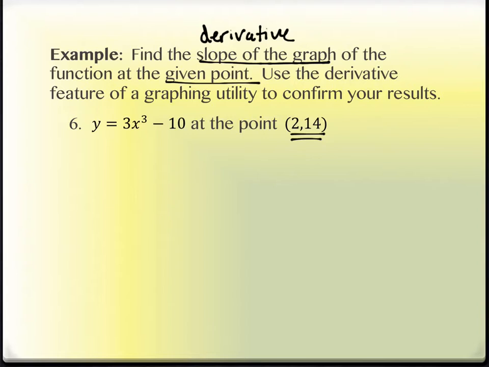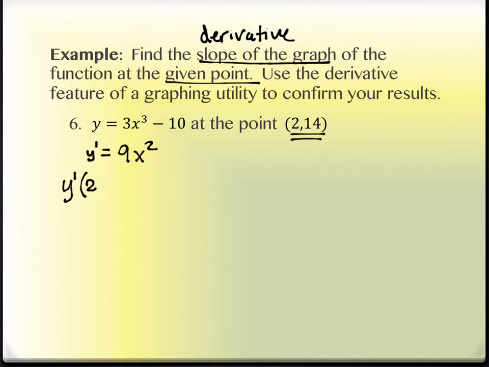So the first part of the problem is just one step beyond what we've been doing today so far. We're going to take the derivative of 3x cubed. That's so much easier than the ones we just did. What's the derivative of 3x cubed? 9x to the second. And then the negative 10 is 0, right? So now we're going to evaluate this, and I'm going to write next to it what I'm evaluating it at.